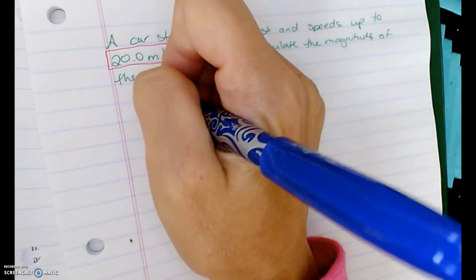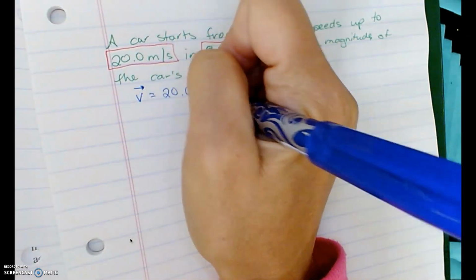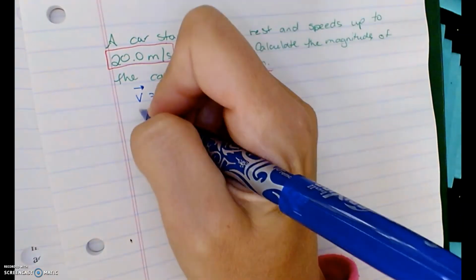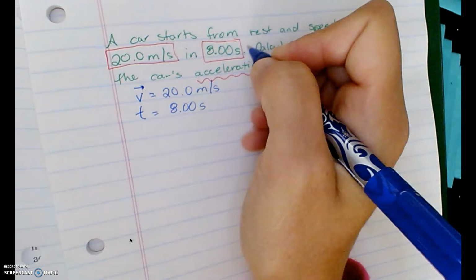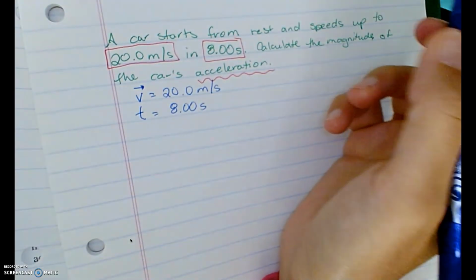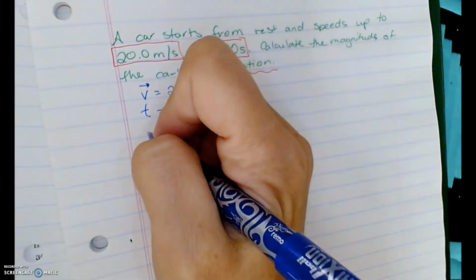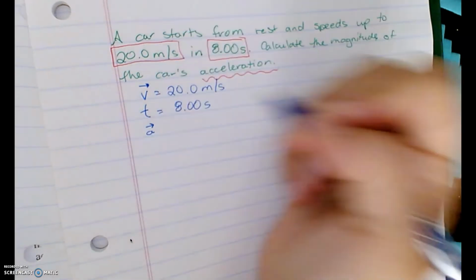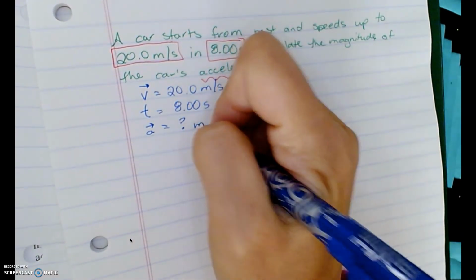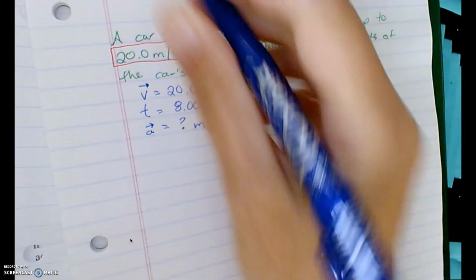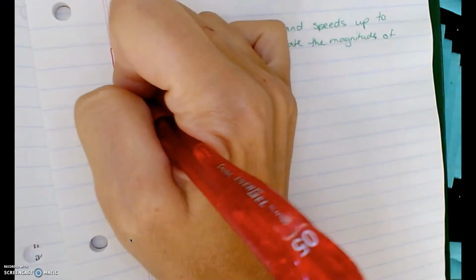That says 20 meters per second, and this is our time. How do I know? Because it's measured in seconds. Then it wants to know the acceleration. We don't know what that is yet, but we know it's going to be measured in meters per second squared.